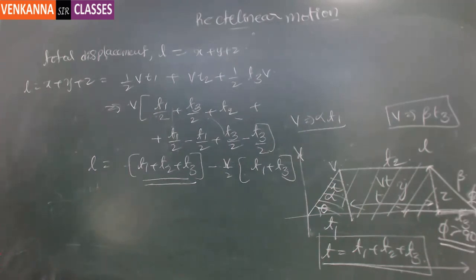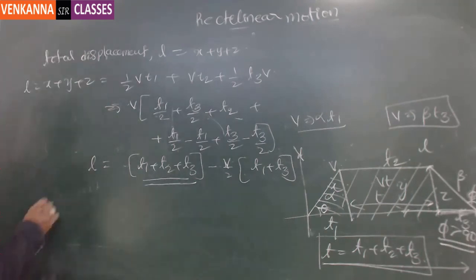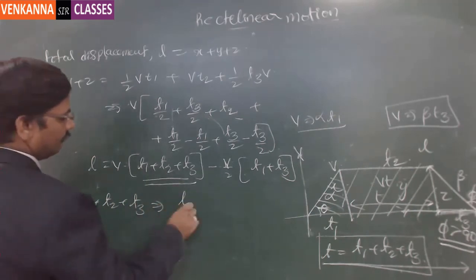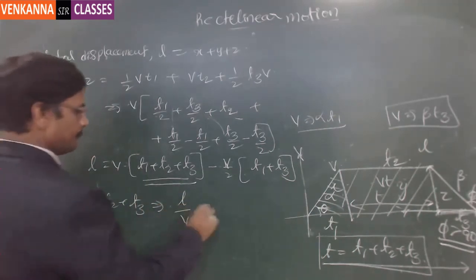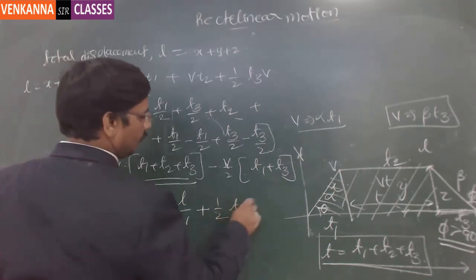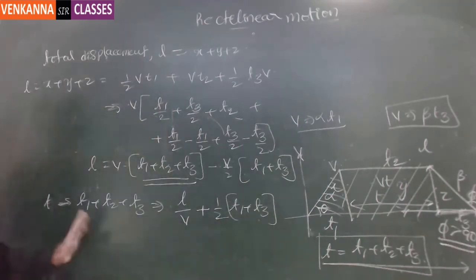He has not given the displacement information, so you can keep it as it is in that case. So the total time taken, T is equal to t1 plus t2 plus t3, is equal to L by v plus 1 by 2 times t1 plus t3. So this is the total time taken.